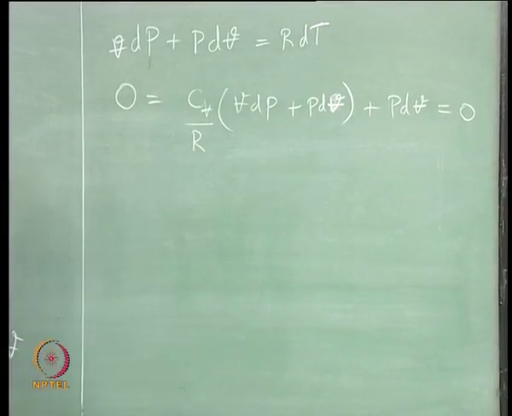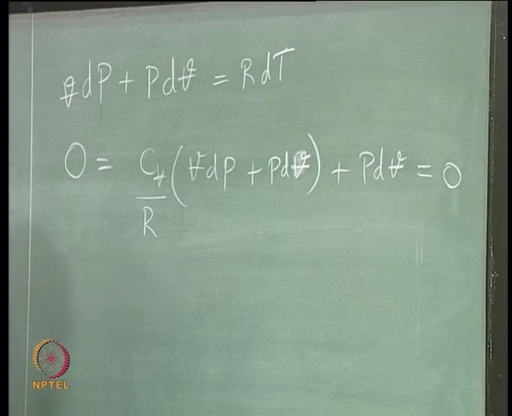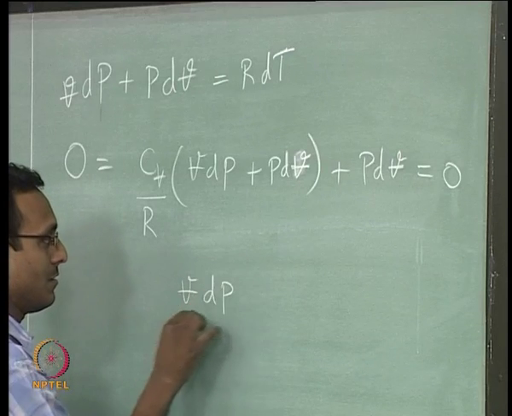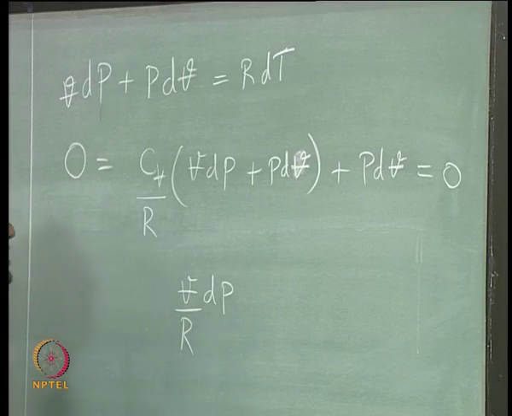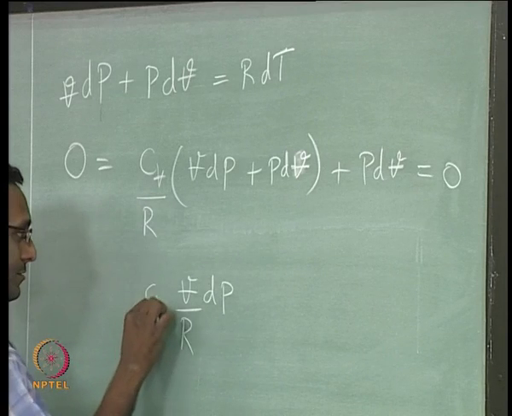This is the expression I have. Now, it is getting to be simpler. What will I get? P dV can be coupled together. So, I will have V dP by R. Oh, this is Cv also sitting here.